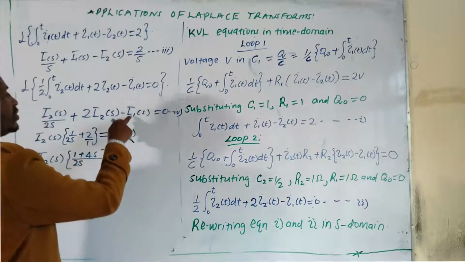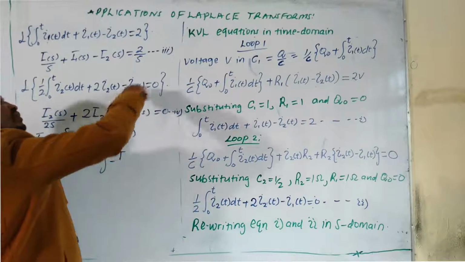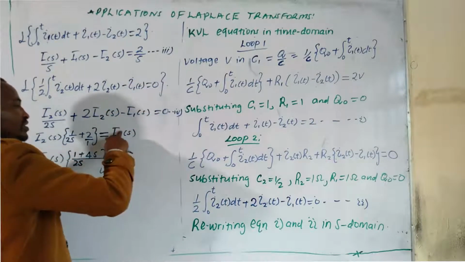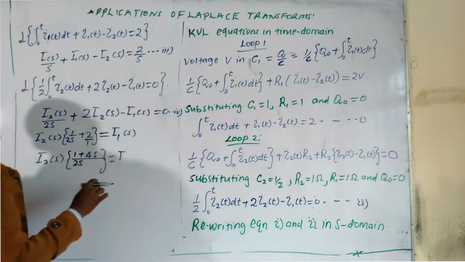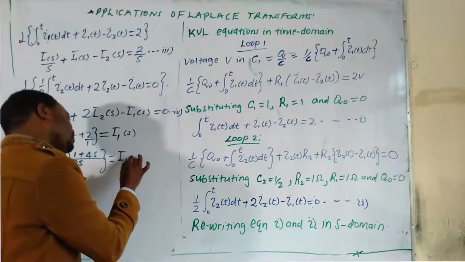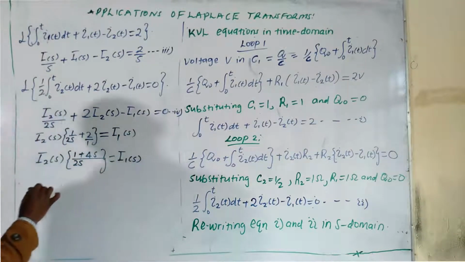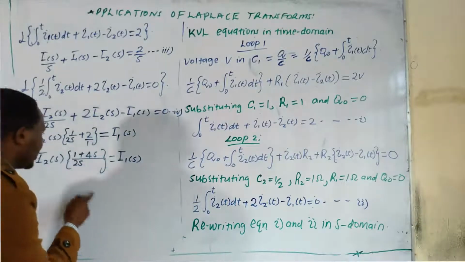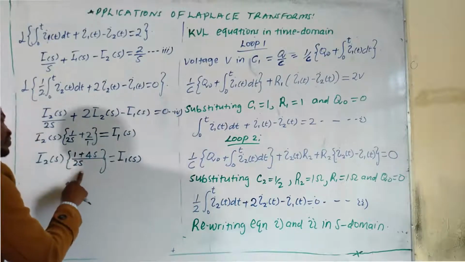4s is equal to this I1. We took this I1 to the other side of the equation, so this is I1 of s. Divide both sides by 1 plus 4s over 2s.